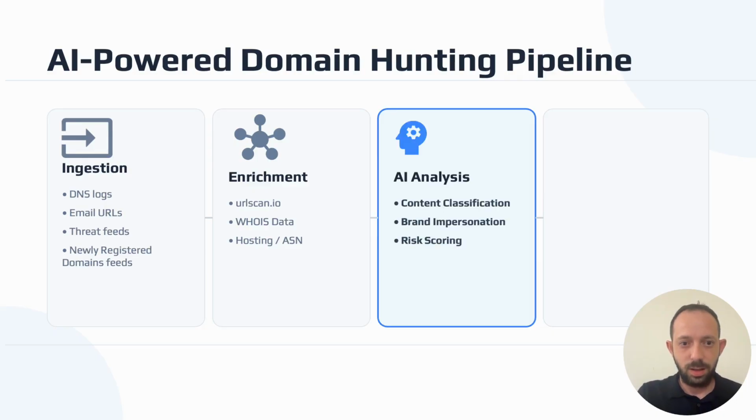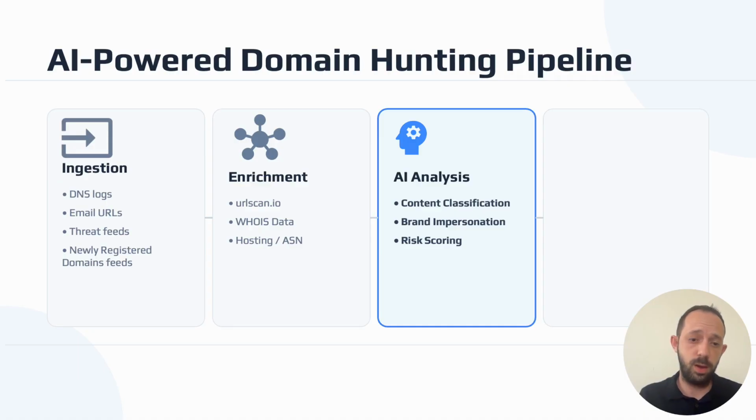Now, the next phase is the AI layer, basically the analysis of all the data that I gave the AI. So what the AI does is evaluate the context and the page behavior, such as HTML structure, forms, scripts, redirects, images, resources.